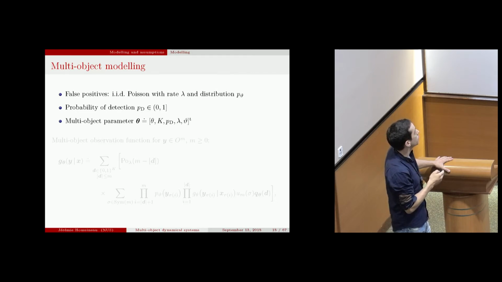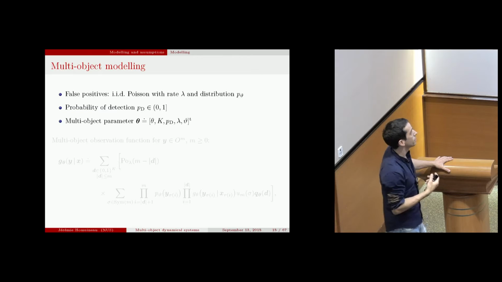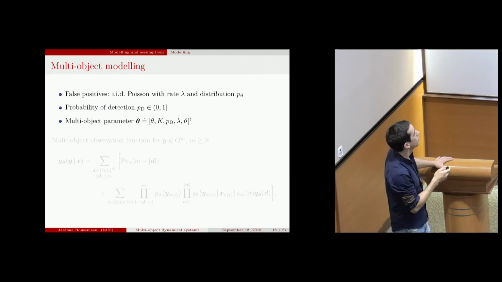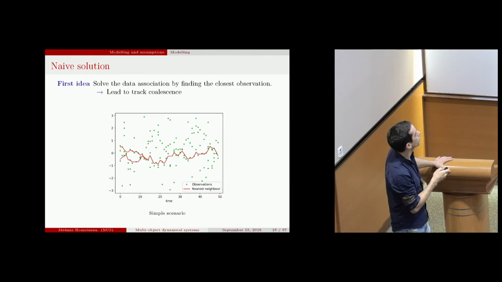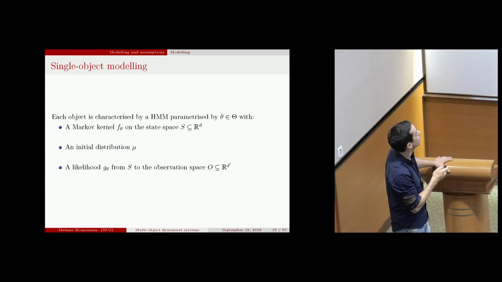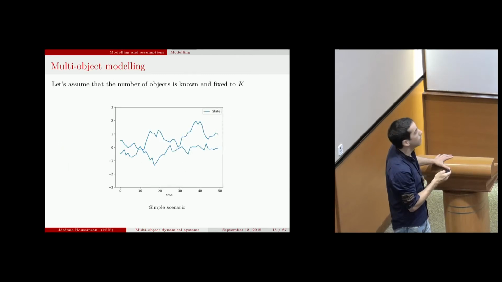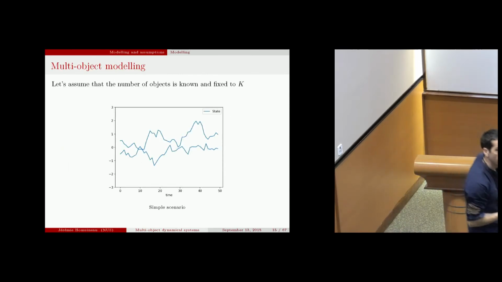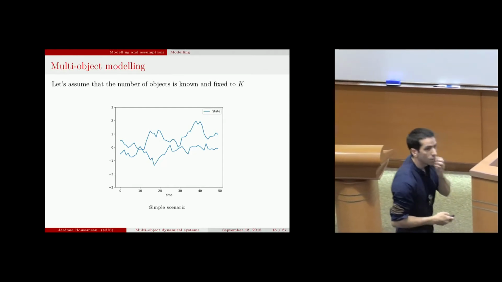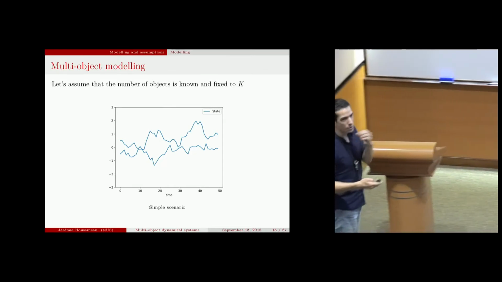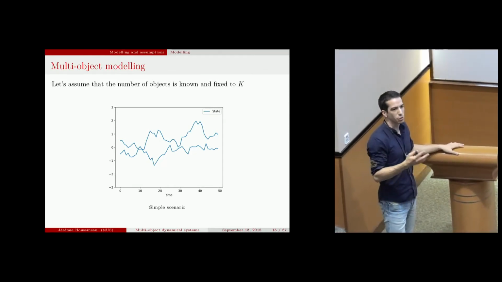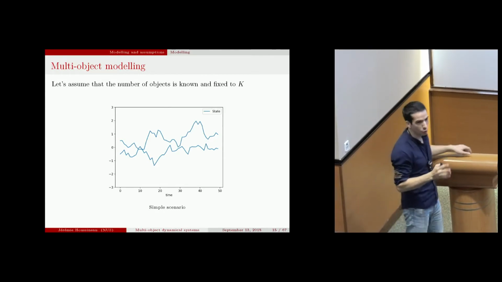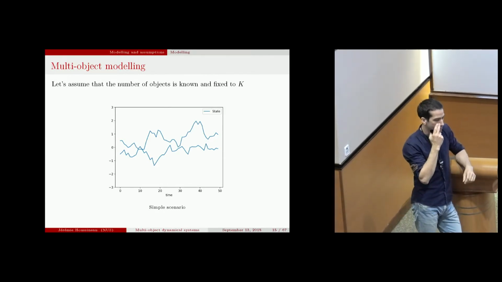And if we care about estimating the parameters of these objects, I should have emphasized before, sorry, the dynamics and observations, the kernel and likelihood, depend on some parameter theta. Yes? Do you assume some particular dynamics here? Not really, no, because it's very problem dependent. Usually you don't know very much about dynamics.